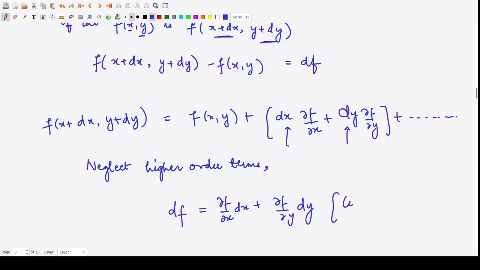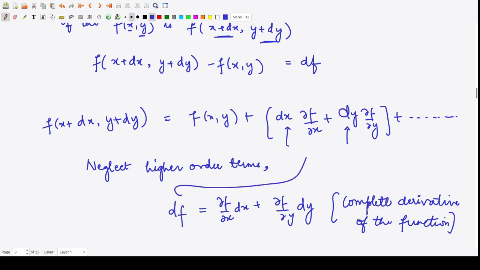So we can replace this quantity by df, and that's how you obtain this particular expression.